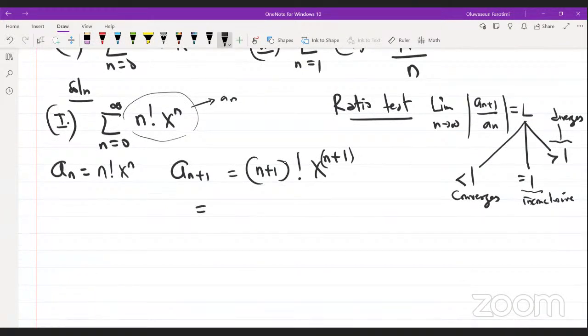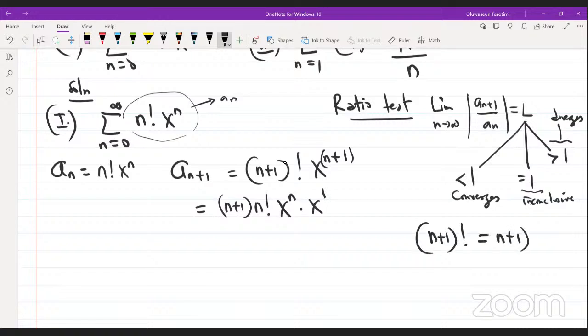This is n plus 1 factorial. Remember, we saw that in the last session. And this is x to the power of n times x to the power of 1. Of course, we've seen that again. So let me remind you, n plus 1 factorial is n plus 1 multiplied by n factorial.